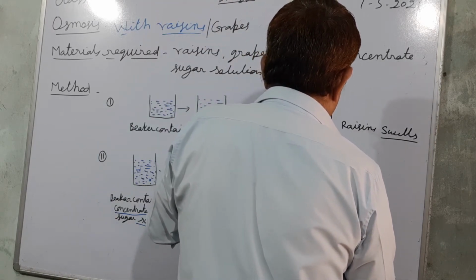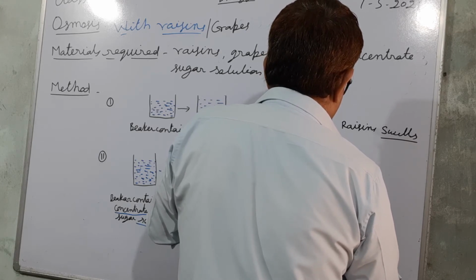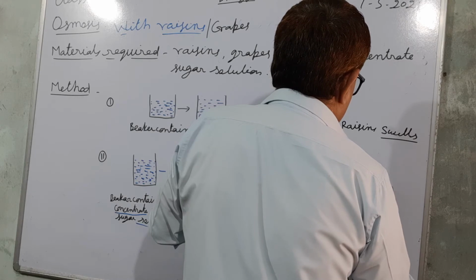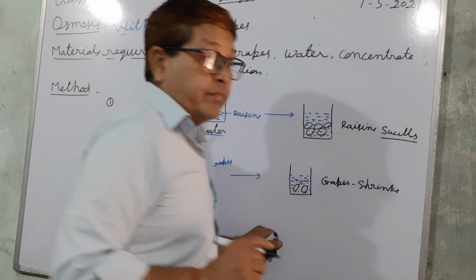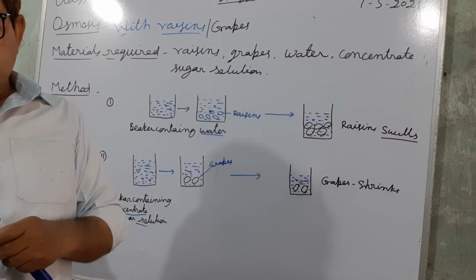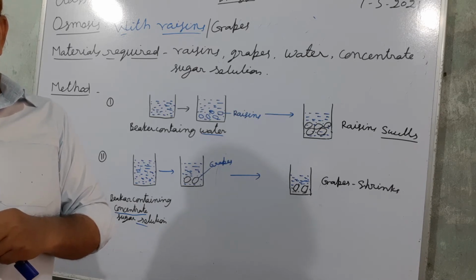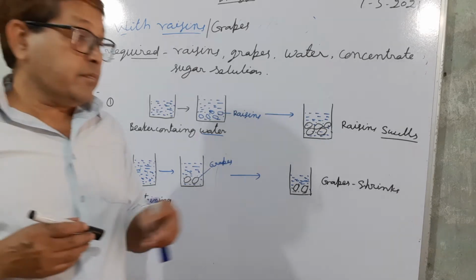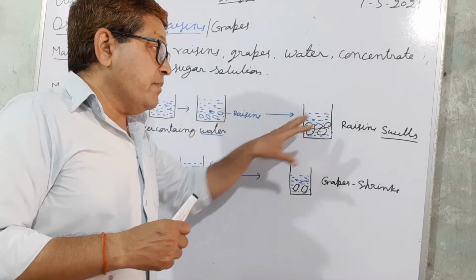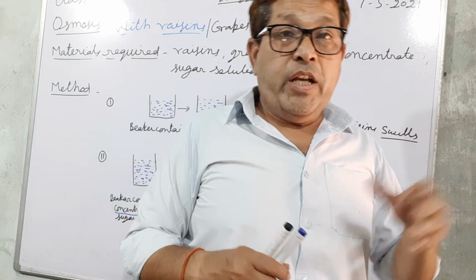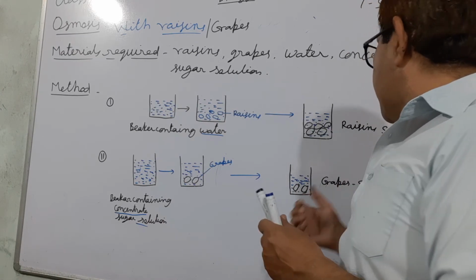What happens in this? In the first experiment, raisins swell, while in the second experiment, grapes shrink.